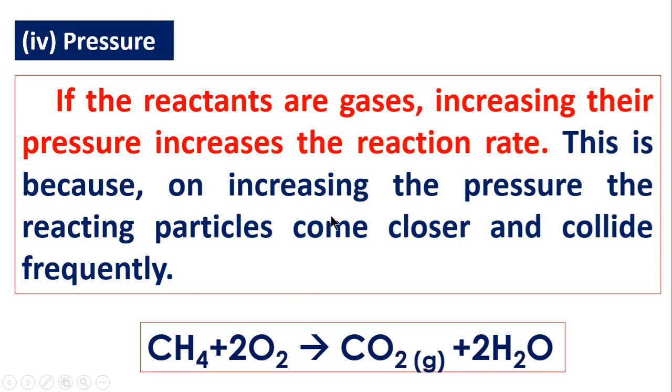This is because on increasing the pressure, the reacting particles come closer and collide frequently. For example, methane, CH4, reacts with oxygen, 2O2. It gives carbon dioxide, CO2, plus 2H2O. Here, if the pressure increases, the rate of the reaction also increases.